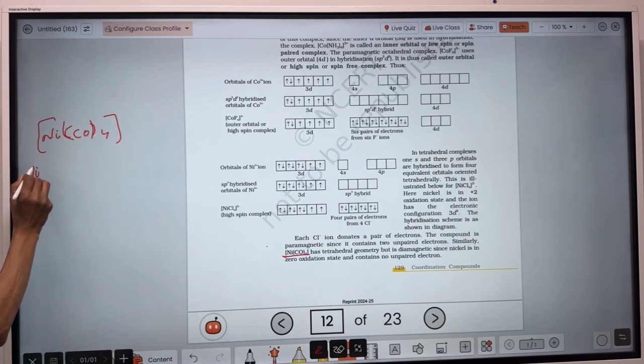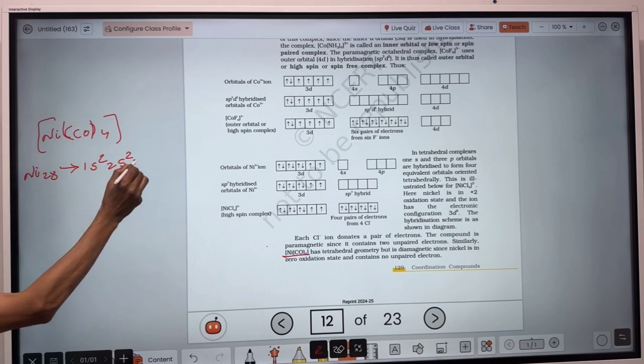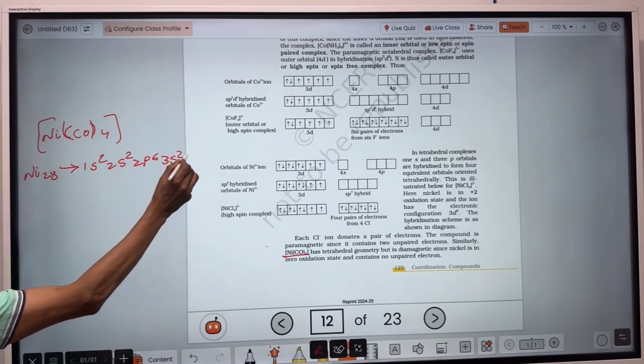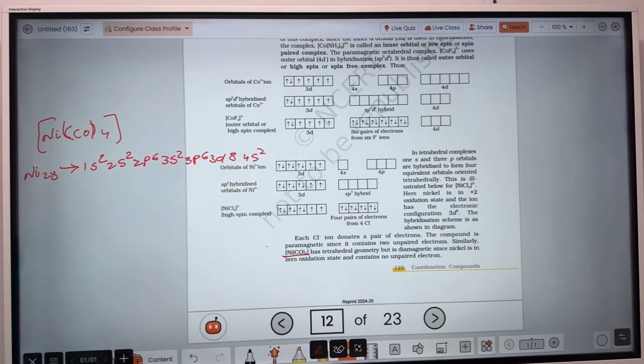Now electronic configuration of nickel, nickel atomic number 28, as usual. This one.